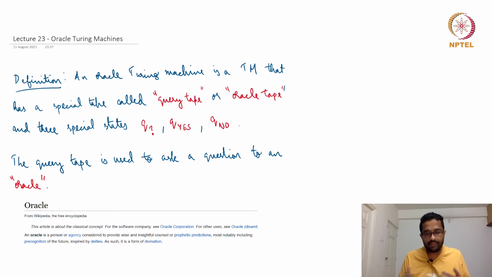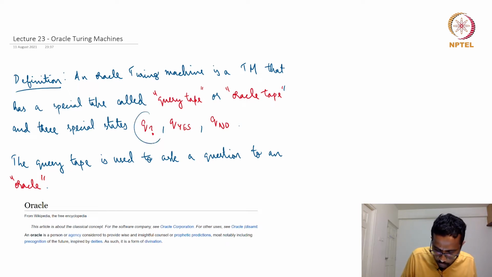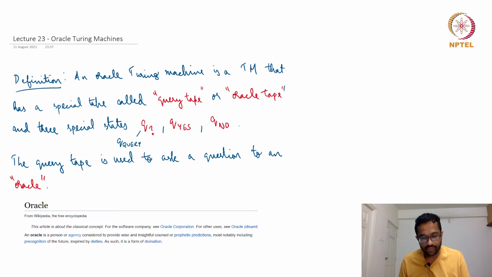When the SAT instance or the query is ready, at some point it will go to a special state, the query state, denoted by Q with a question mark in subscript. Some textbooks may say Q query.